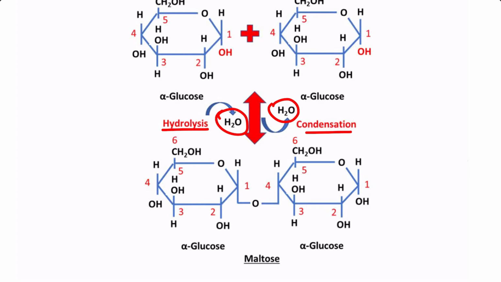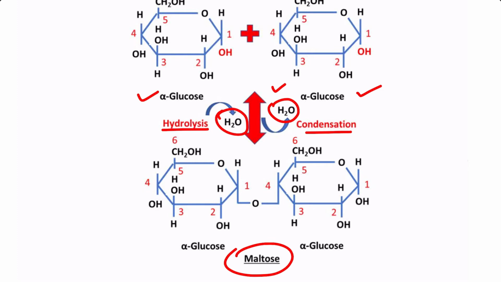In this picture you can see 2 alpha glucose molecules are combined to generate 1 maltose, and here 1 molecule of water is getting released.